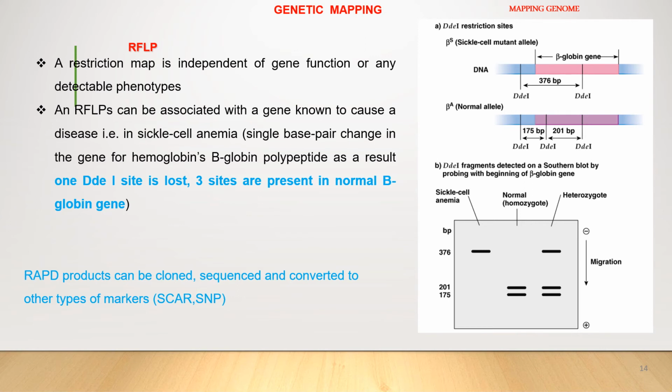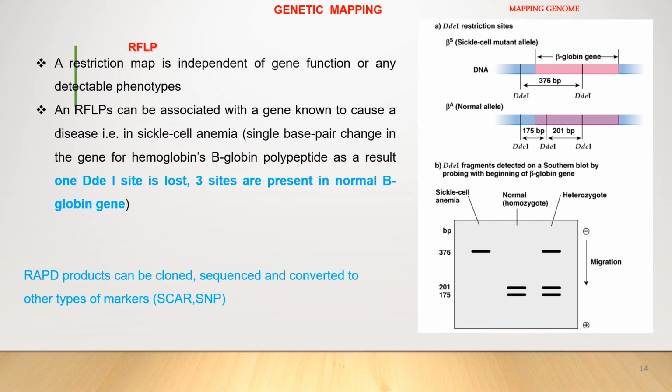The RFLP profile of the individuals shows that a normal homozygote would have two DNA fragments, one of 175 base pair and a second of 201 base pair, whereas a person with sickle cell anemia, that would be a homozygote, would have only a single DNA fragment of 376 base pair.